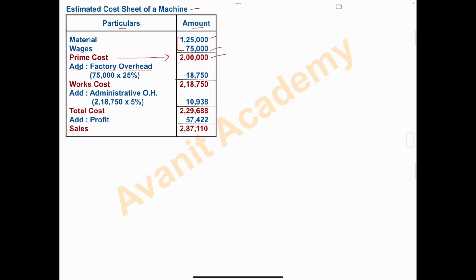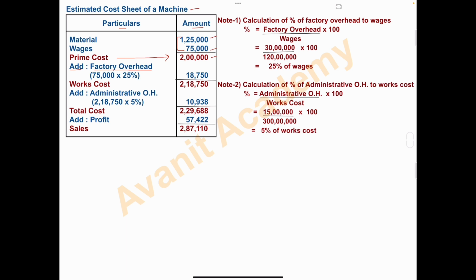In that paragraph, they have not given any information related to factory overhead, but certain formulas are there. By taking all these formulas and by referring to the previous cost sheet, we can calculate the percentage of factory overhead. Let's prepare the note. Note number one, calculation of percentage of factory overhead to wages.